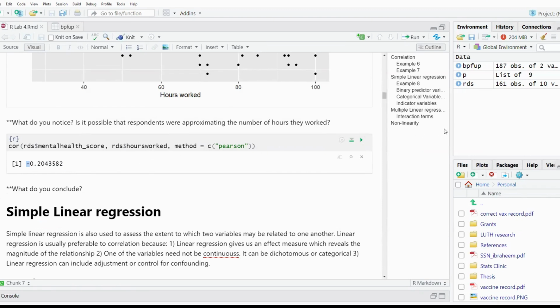Anyone? I think there is no correlation between mental health and number of hours worked by resident doctors. Is that what the negative sign says? What does the negative sign say?